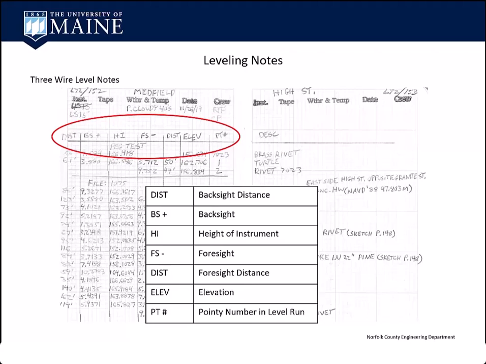I mean, if you run levels all day and you come back and hit where you started and you don't get the right elevation, did you make a mistake? Is the level not working? If the level's not working, that was an easy thing to discover through a peg test.